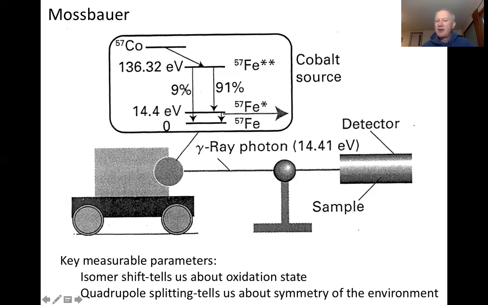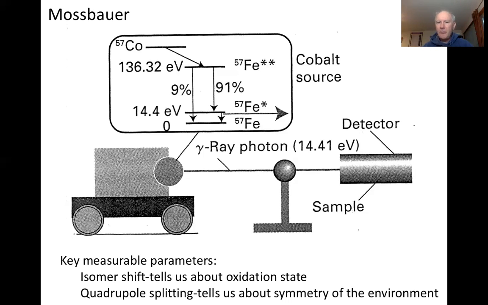And you use that as a source of gamma rays to shine at a ground state iron sample. And so you have gamma rays produced by iron hitting an iron sample. And some of those photons, which are gamma rays, will be absorbed by the nucleus and get promoted up to a higher nuclear energy state.